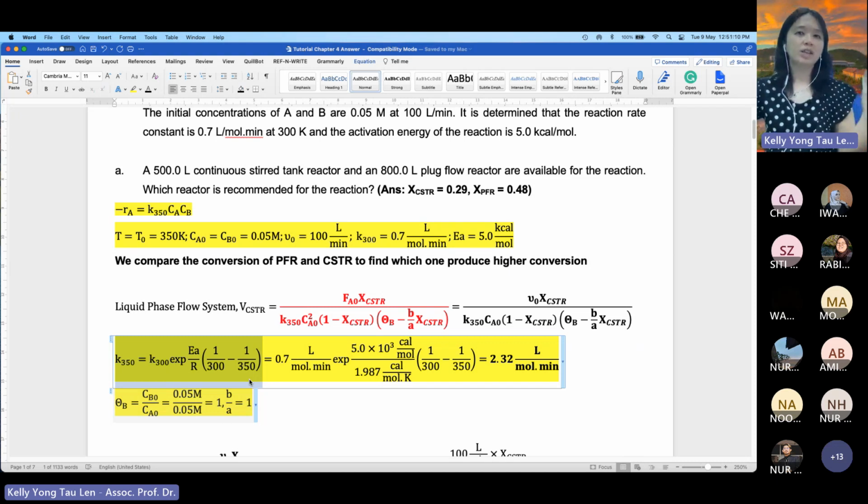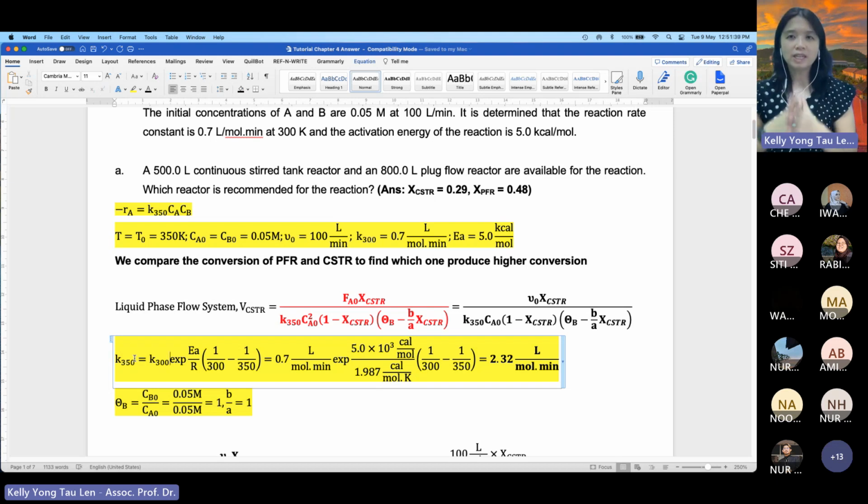The equation says K2 equals K1 exponential EA over R in bracket 1 over T1 minus 1 over T2. It means if I have K1 at T1, which is K at 300 Kelvin, and T2 is 350 Kelvin, I can find K at 350. So this is nothing new for you. You have already done this before.